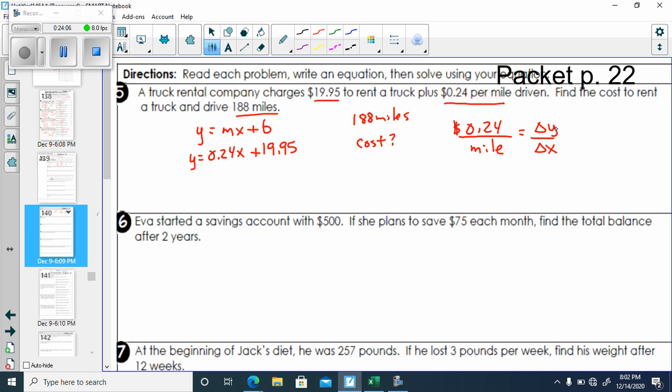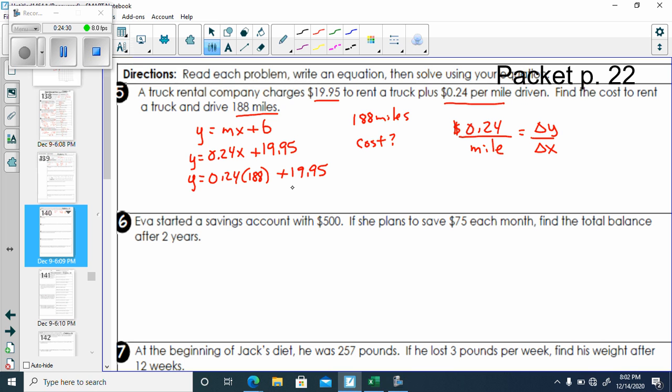Now, what we're looking at here is our Y is our dollars, our X is our miles. So we will plug this 188 in for the X. Y is equal to 0.24 times 188. And then I add 19.95 to that.